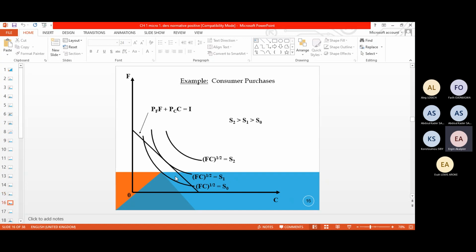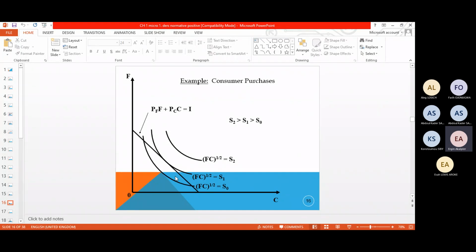And if it is above this budget line, then, as you understand, it is not available because the income capacity and the budget line for this consumer is less than the given S2, the so-called utility satisfaction line or indifference curve. And this is also not preferred because this is too high to reach for the given income level.